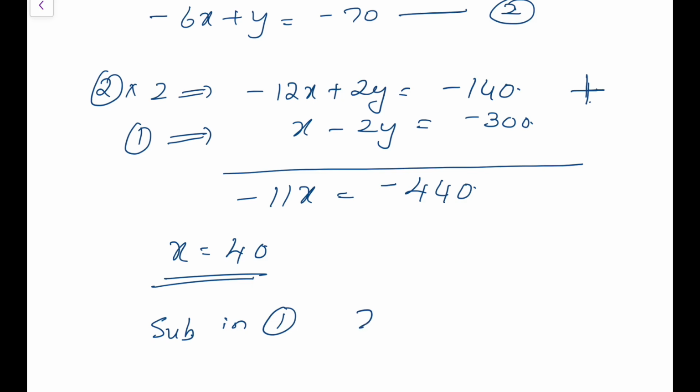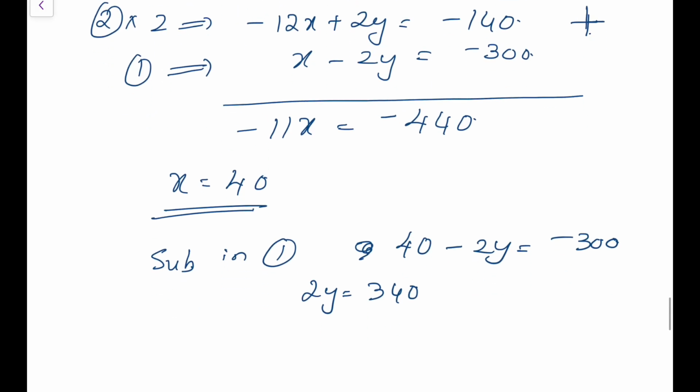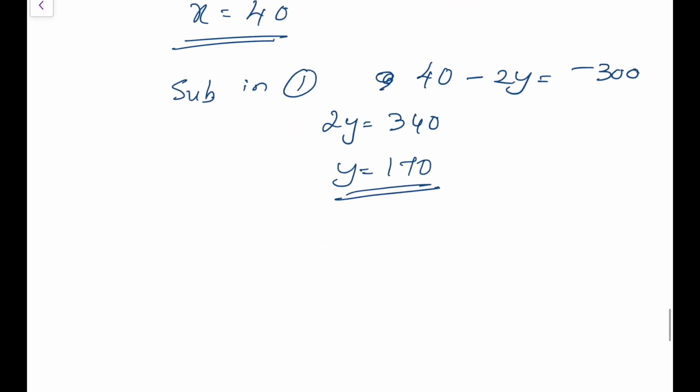Substitute in equation 1, X is 40, 40 minus 2Y equal to minus 300. So 2Y is equal to 340, Y equal to 170.